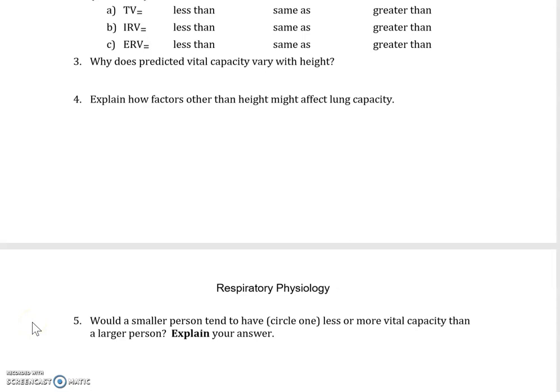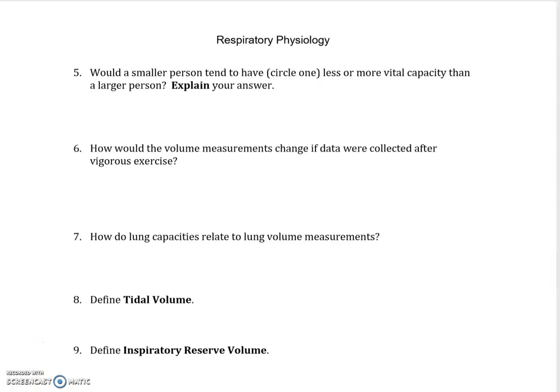Also asthma and inflammatory processes could affect certain capacities. Now on 5, of course, a smaller person would have less vital capacity than a larger person because there's just less space. If you're smaller, then you have less volume.